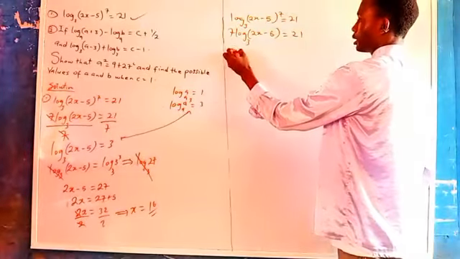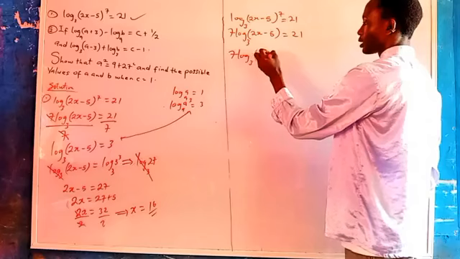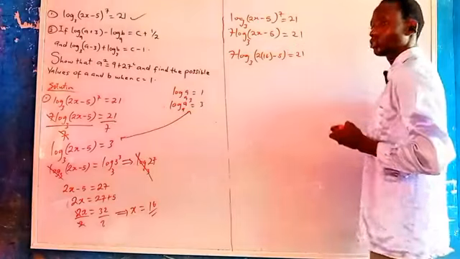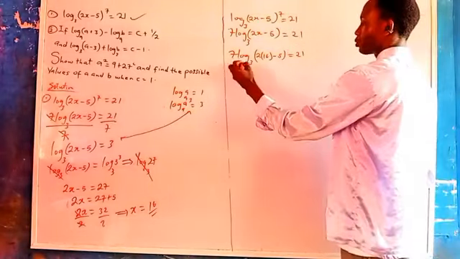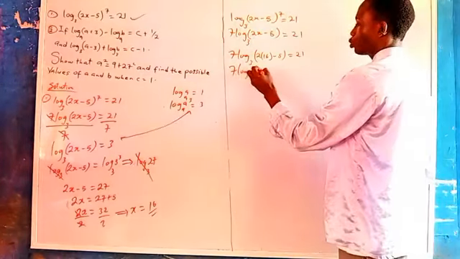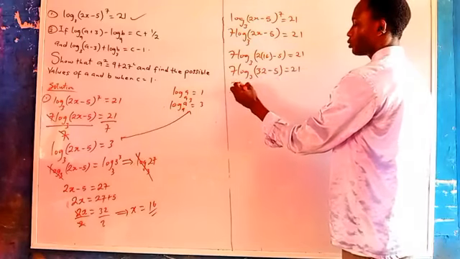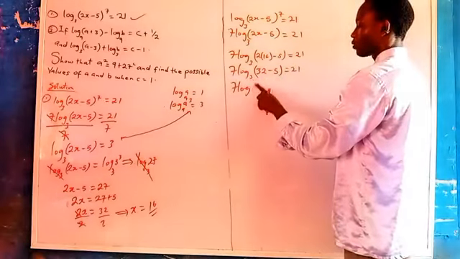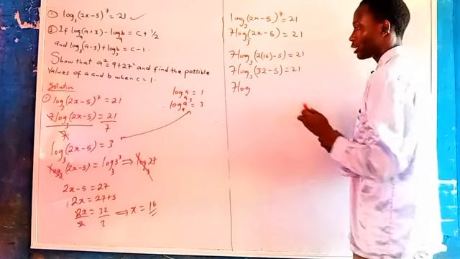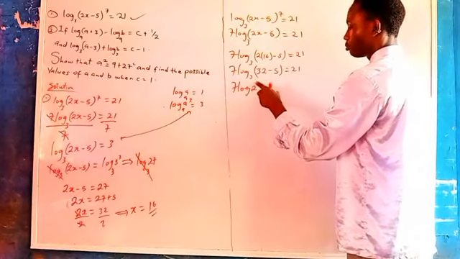That will be 7 log to base 3 of (2 times 16, minus 5). Is this equal to 21? That's what I want to check. Now this will be 7 log to base 3 of (16 multiplied by 2, that's 32, minus 5). Of course 32 minus 5 is going to give us 27, base 3.